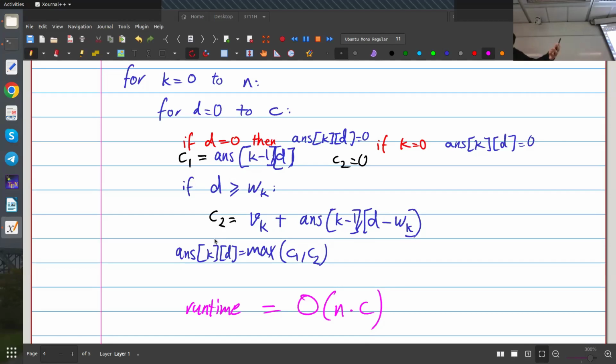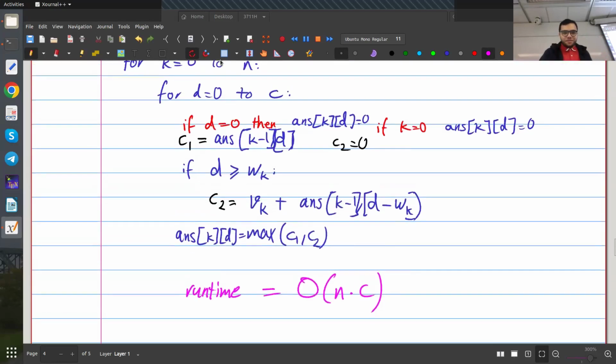Just take all of your subproblems, have a topological sort, compute them in that order. That's all. So for a lot of cases, I wouldn't actually give you the topological sort. I would just give you the recurrence relation.